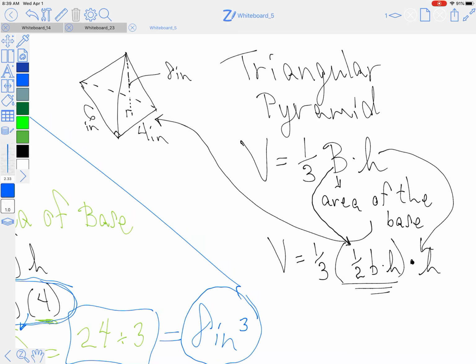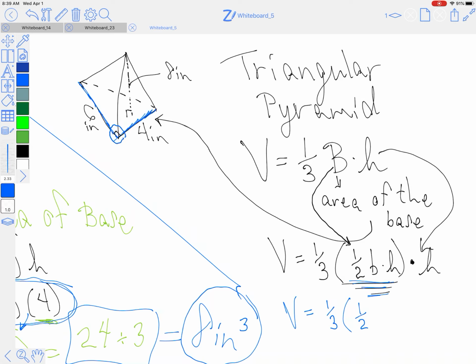So let's just talk about this part in the parentheses right now. Volume equals 1/3 times 1/2 base. Could be either of these sides because they're connected at a 90-degree angle.